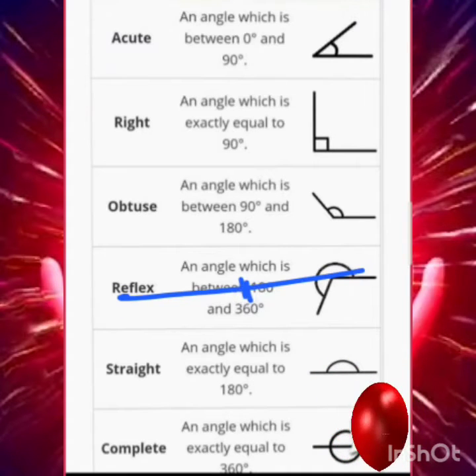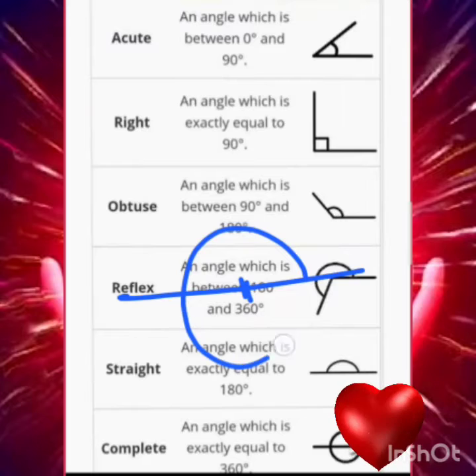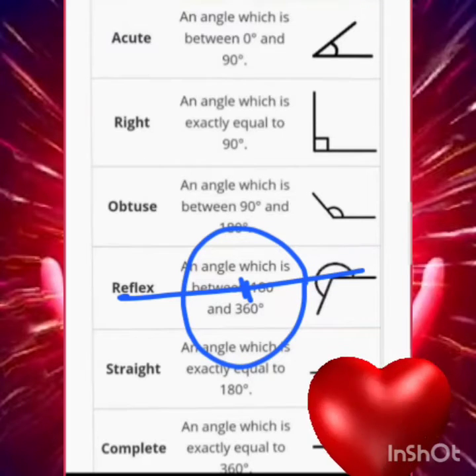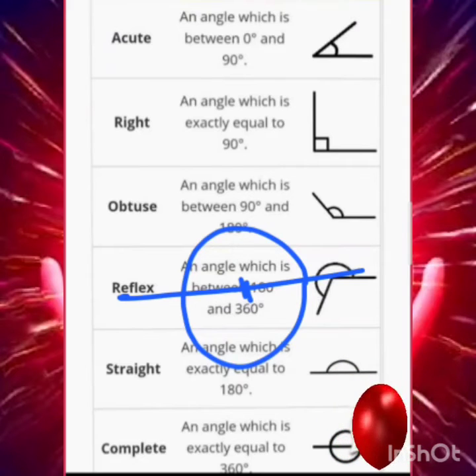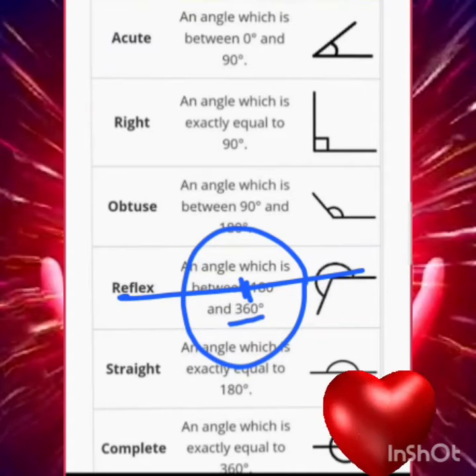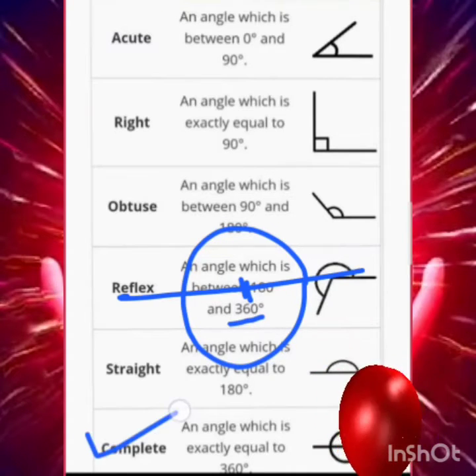How to define? Very simple. The full circle, full rotation, means coming back to the point from where we started, so the starting point and ending point should be the same, making a perfect circle. That is considered 360 degree, and that is called complete angle.